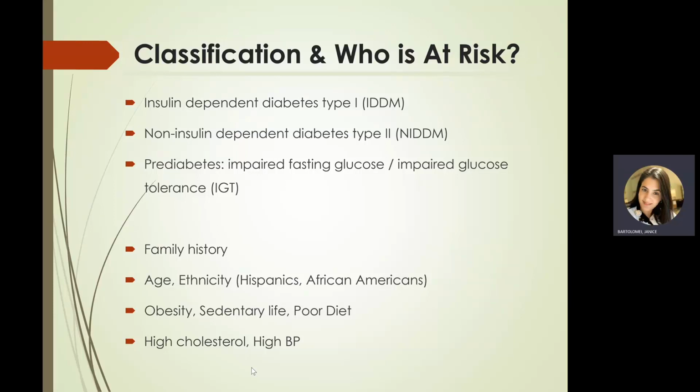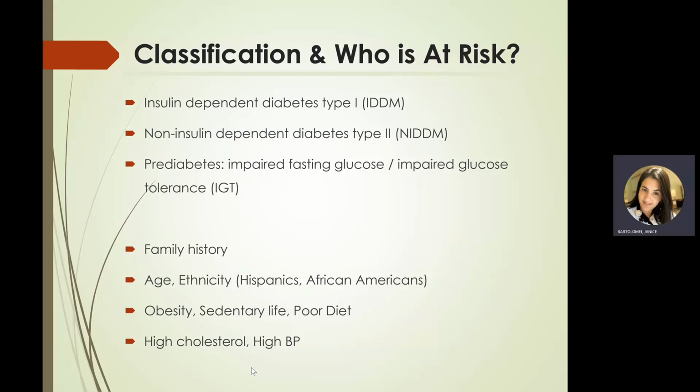When we consider why they are a higher risk group, it's not just because they're African Americans or Hispanics. It's the fact of their norms, their culture, their foods, their customs.